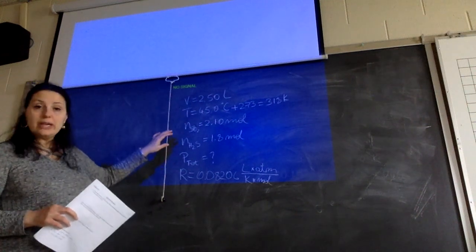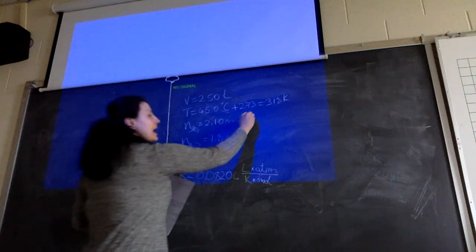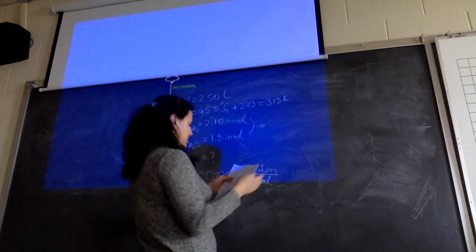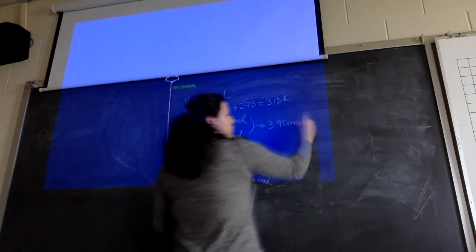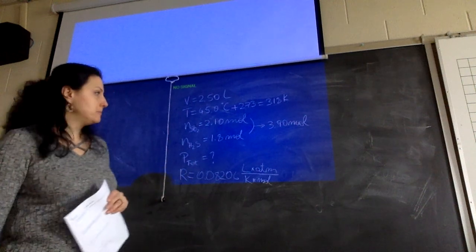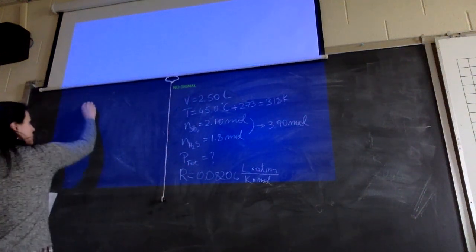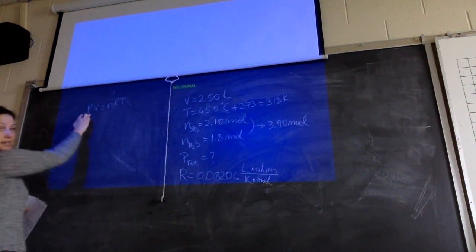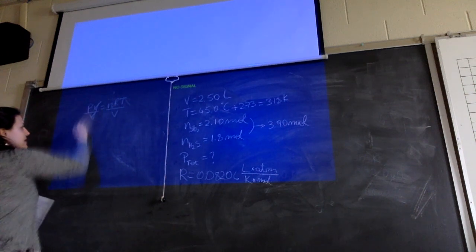Let's first do it by adding the total number of moles. So if I add these two together, I get 3.9 moles total of gas in my container. Okay, so to find the pressure then, I can use PV equals nRT. Isolate the pressure, I divide both sides by V. My V cancels.